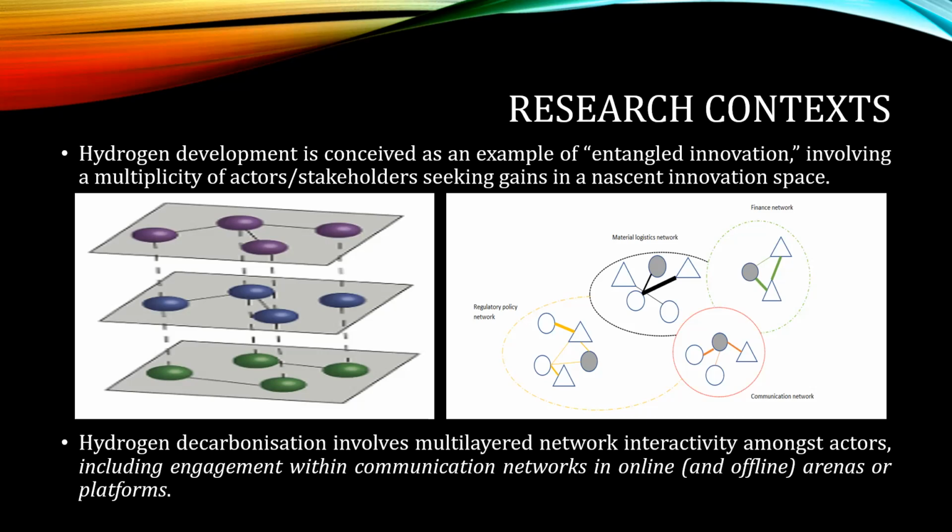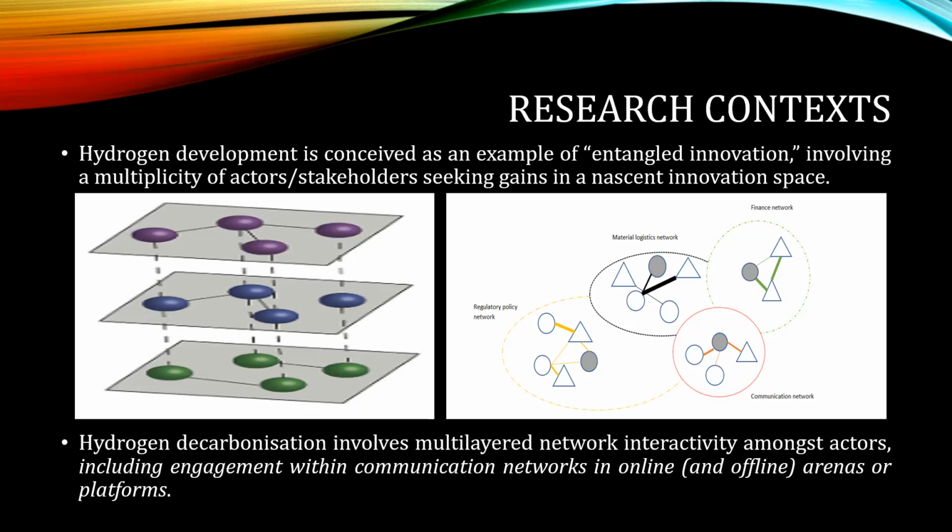This can include communication networks, which are emergent alongside, as I indicate on the right-hand side, finance networks, material logistic networks, and regulatory policy networks, all happening at once in a multi-layered fashion.